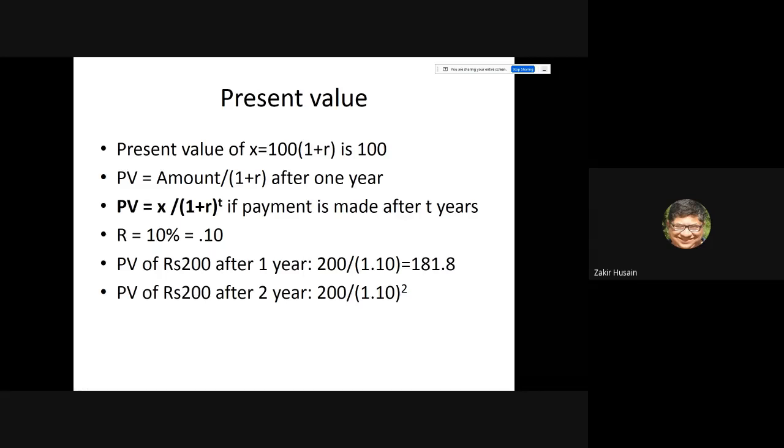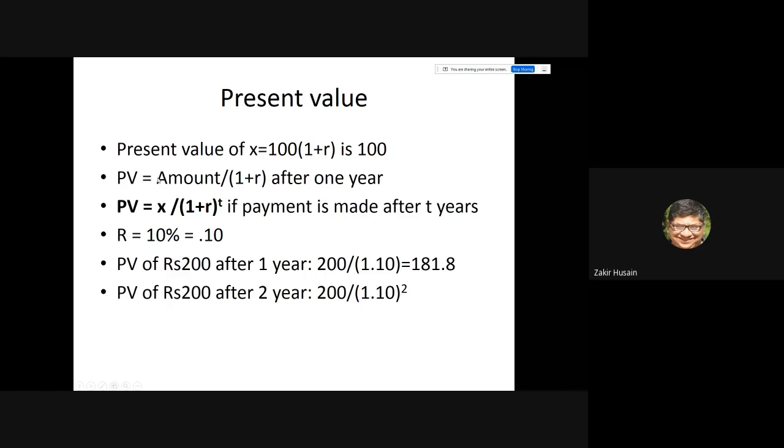Okay, so to calculate the present value: the present value of X is 100 into 1 plus R, we know this, because if I get 100, after 1 year this will become 100 into 1 plus R. So in present value terms, we define this as the amount divided by 1 plus R after 1 year.